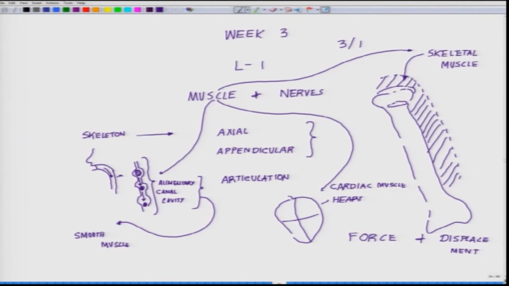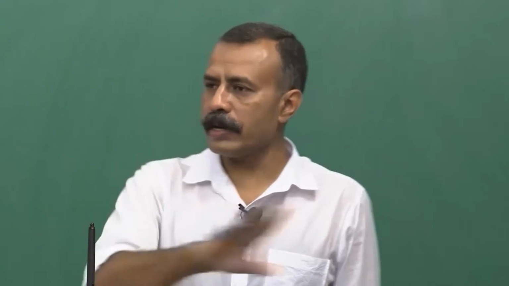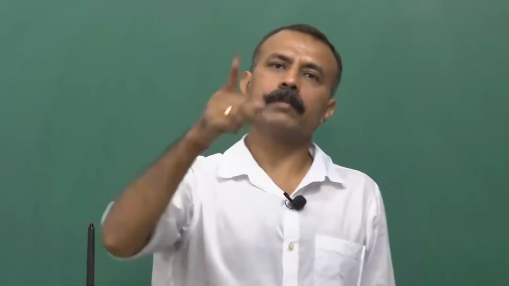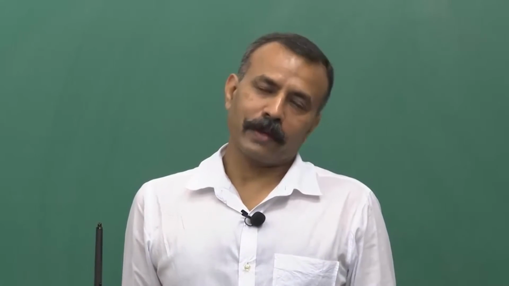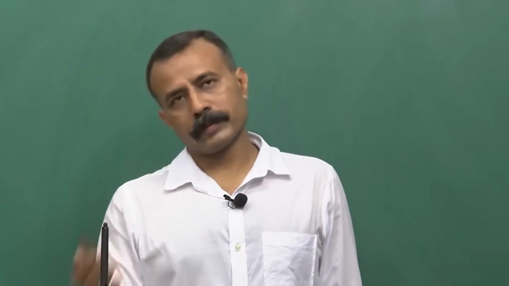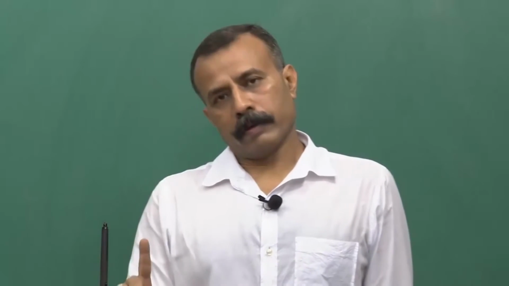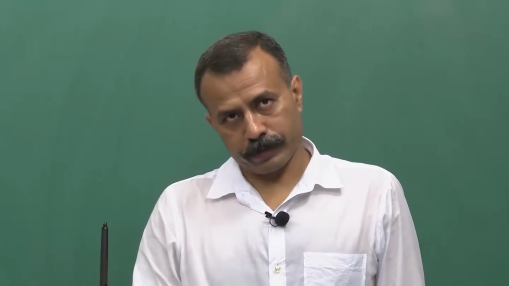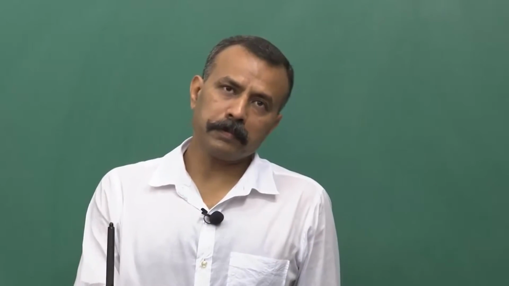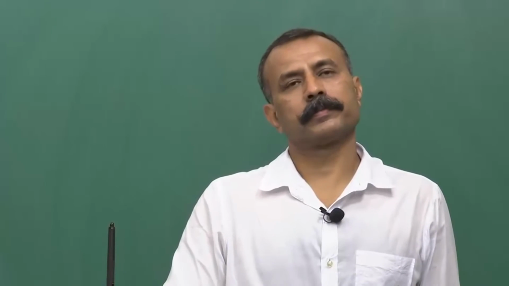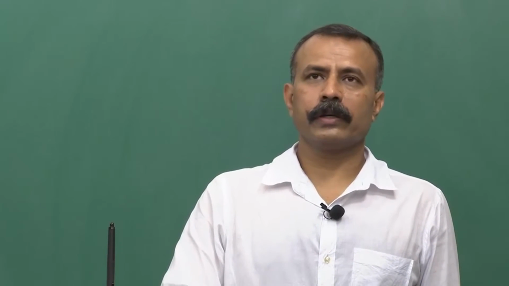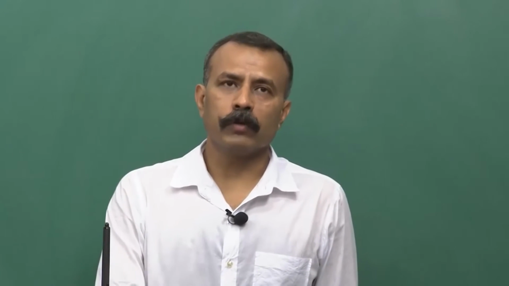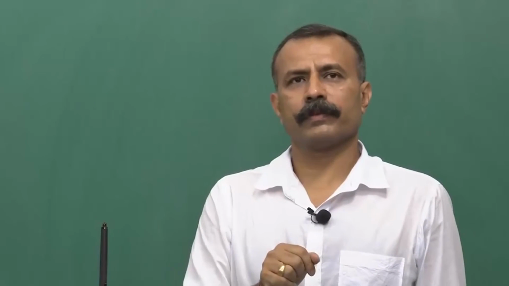So by your sheer common sense, without studying any physiology, you should be able to tell that the maximum displacement you see will be in the skeletal muscle, as compared to the cardiac or the smooth muscle. Plus the force generation will be maximum in the skeletal muscle. So based on the force generation, you will be able to classify it, but that is not enough, right?